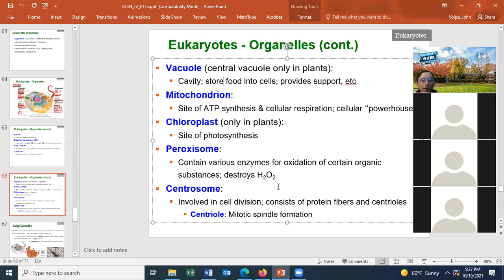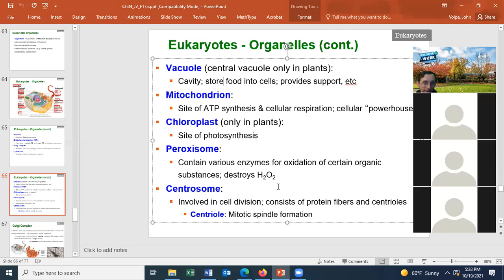All right, we'll talk more about the mitochondrion and the chloroplast. Let me mention the mitochondrion is the organelle in eukaryotes that undergoes ATP synthesis and cellular respiration. The mitochondrion is the cellular powerhouse of the cell because it makes ATP.